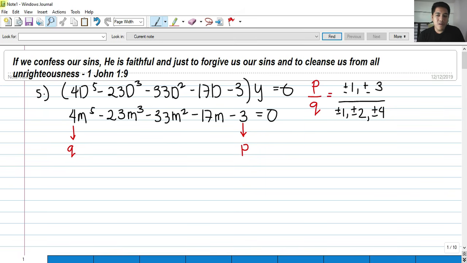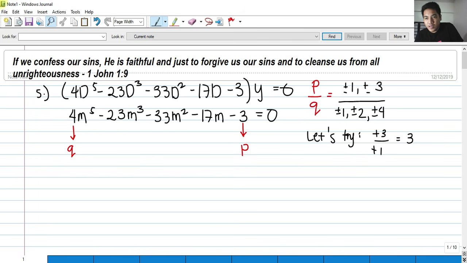So these are the possible roots. So you have to try trial and error by using synthetic division. If there is no remainder, it means that it is the root.